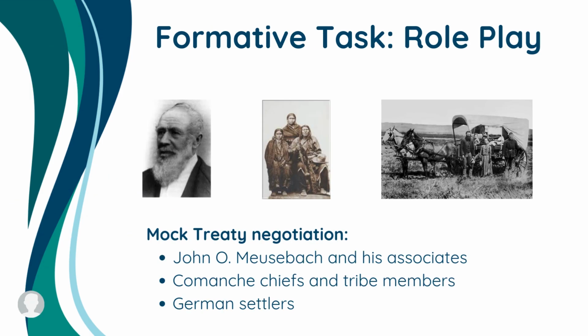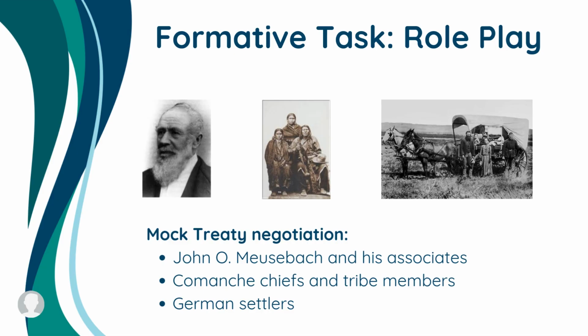So the first formative task in this lesson is for students to be divided into groups, and each group gets a specific role, and you can see the three roles here, and they'll discuss in their groups the perspectives and concerns and hopes of those groups, and they will have a summary that will provide them the context they need for their roles.